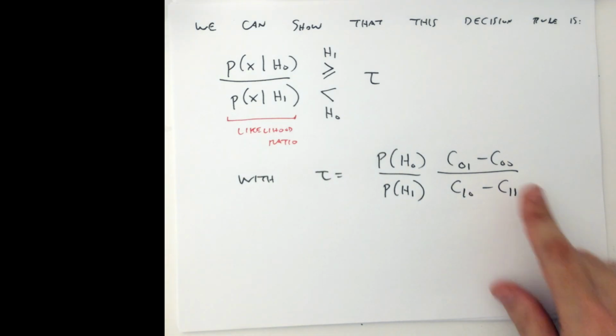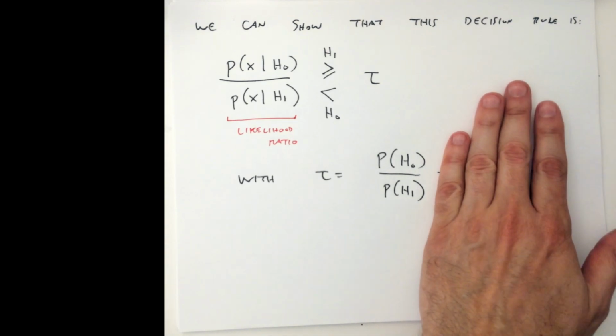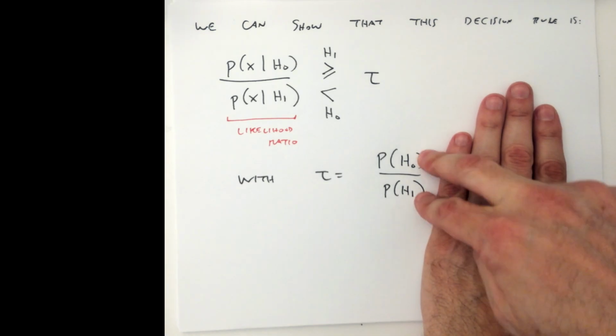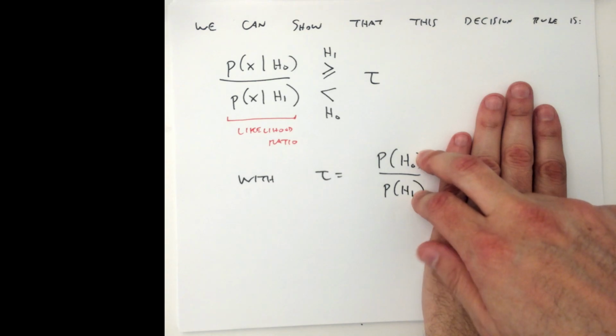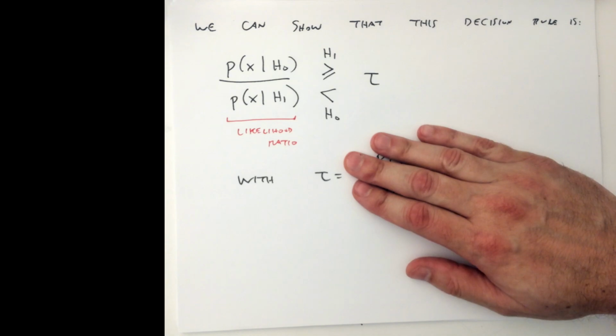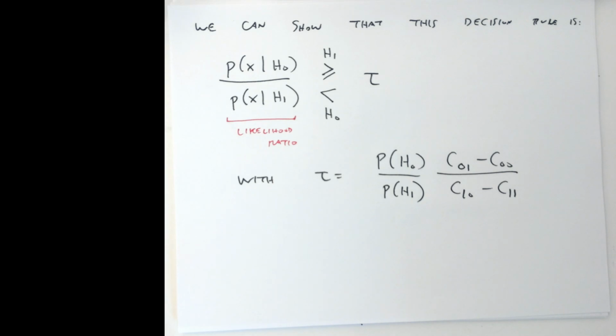If these numbers are both 0 and these numbers are both the same, then this whole term goes away, and it's the same as the regular rule without any costs. If I have equal priors, meaning I don't care one way or the other about which class it is, then this number becomes 1, and I'm doing the maximum likelihood ratio. So that's taking it from the easiest case, maximum likelihood, to adding in the priors, to adding in the costs.